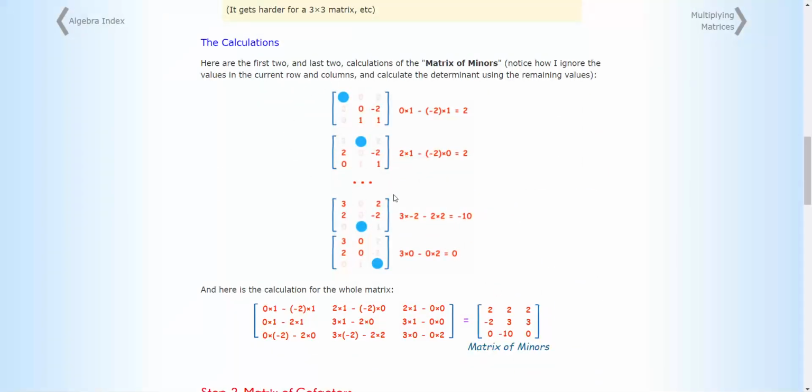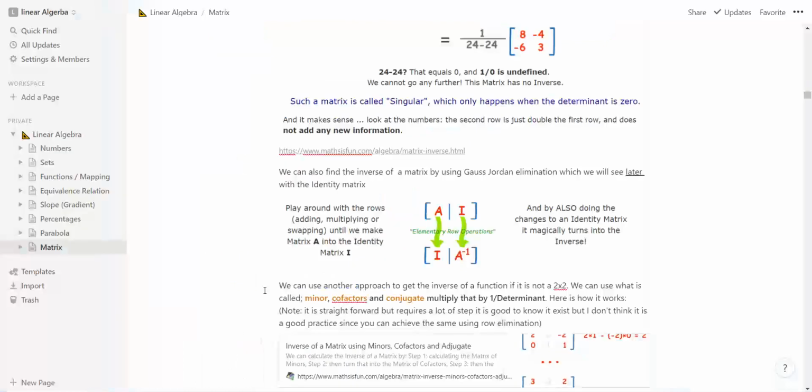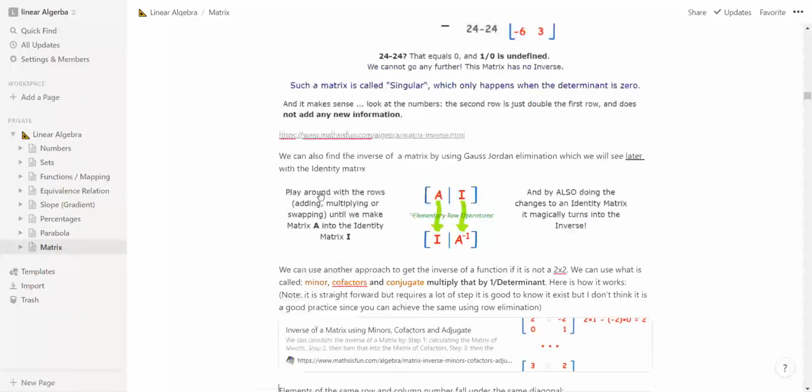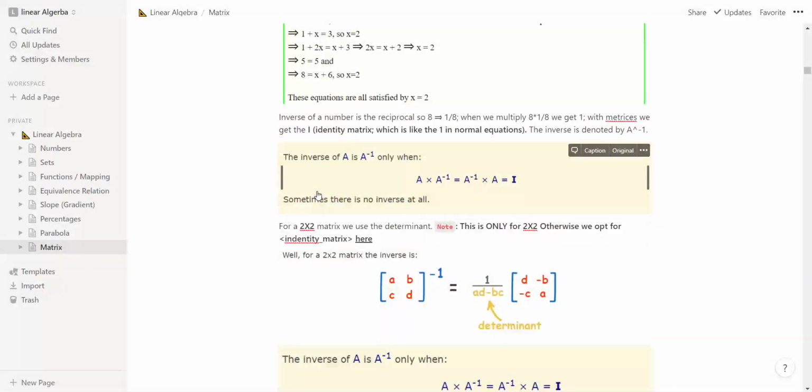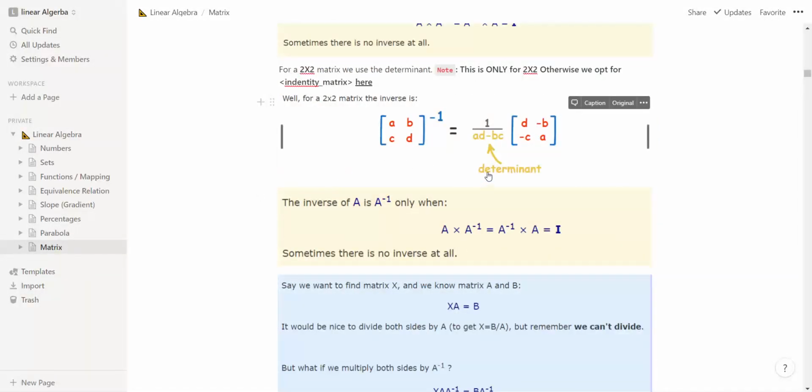Now, one thing we decided to talk about in this video is calculation of determinants. We will be discussing that in this video. We've already calculated the determinants, so we could calculate the determinant here.